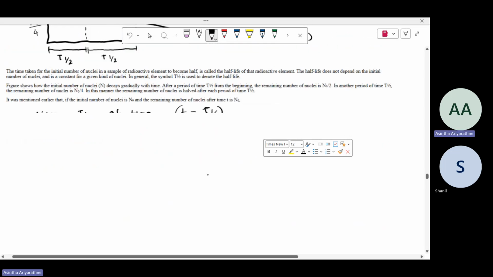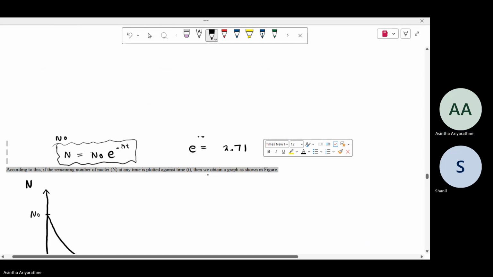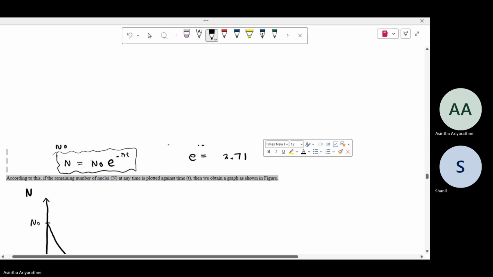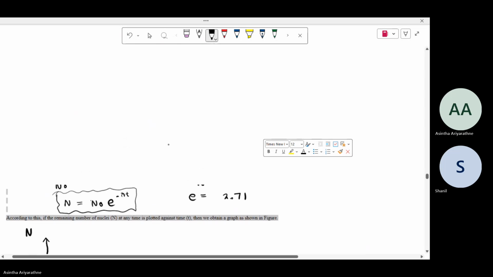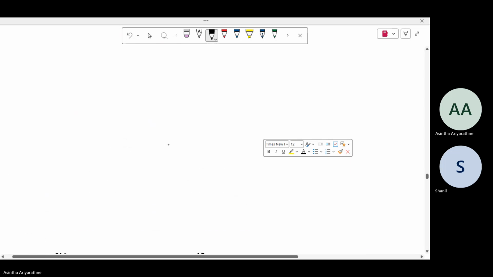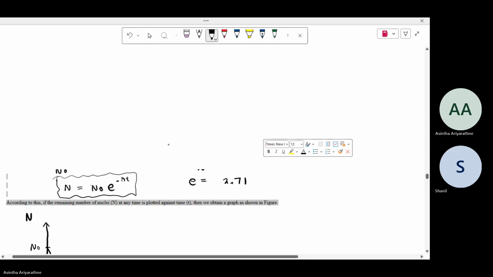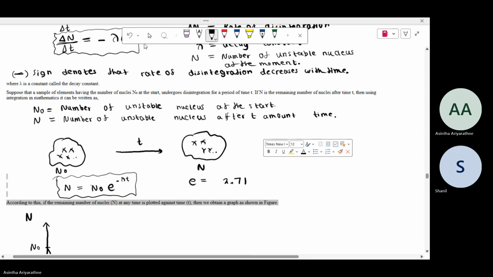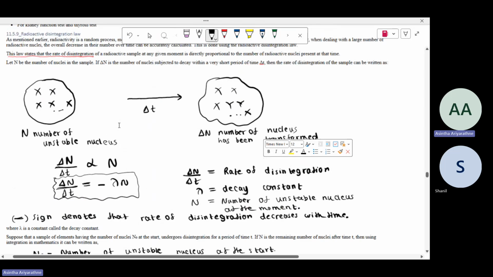This is the corresponding natural logarithm. Right, so you may take this down.